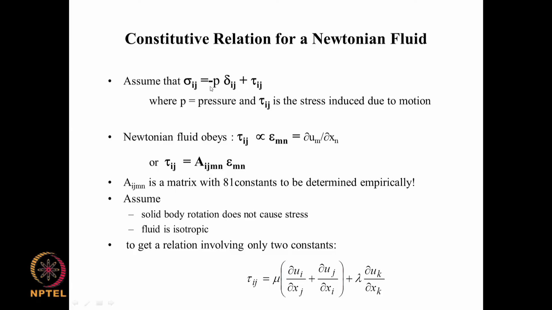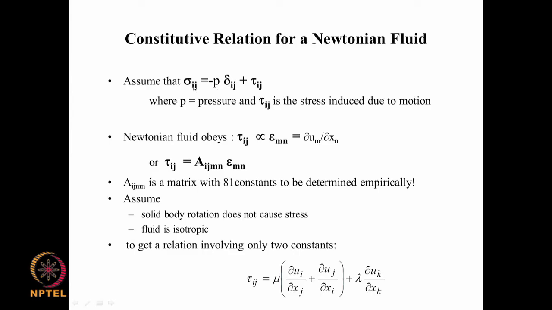So, we put it as minus P delta ij. We also know that pressure is normal. So, that is why this delta ij is known as the Kronecker delta function, and it is equal to 1 when i equal to j, and when i is not equal to j, this is 0.